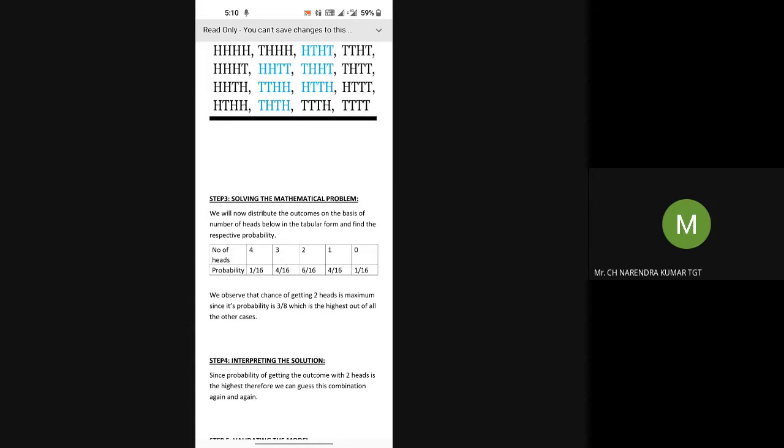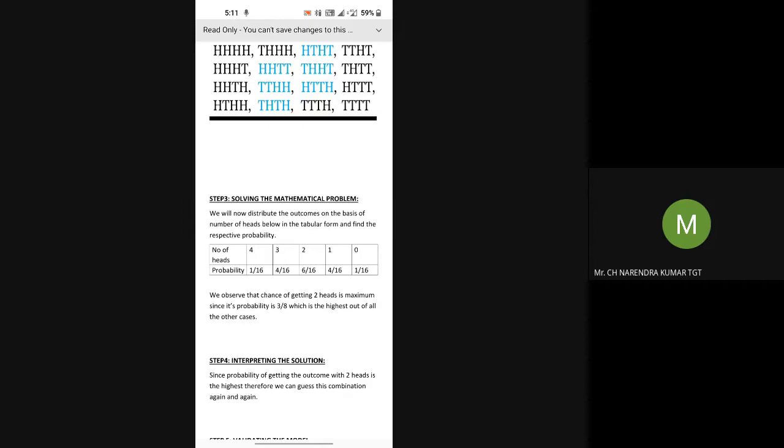Then we can have an outcome in which there is only 1 head and 3 tails, like TTTH, right? And we can have an outcome in which there is no head, like T, T, T, T.